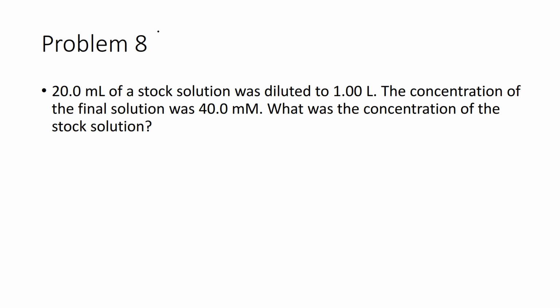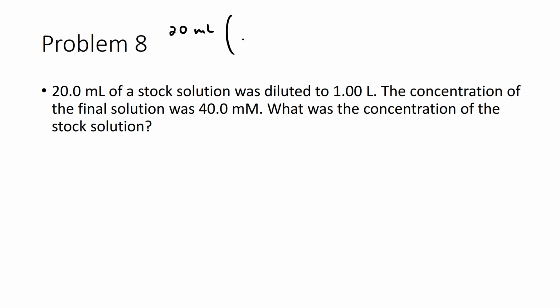Next, we'll look at problem number 8. It reads, 20 milliliters of a stock solution was diluted to 1 liter. The concentration of the final solution was 40 millimolar. What was the concentration of the stock solution? So what I'm going to do first is convert the milliliters of the stock solution to liters.